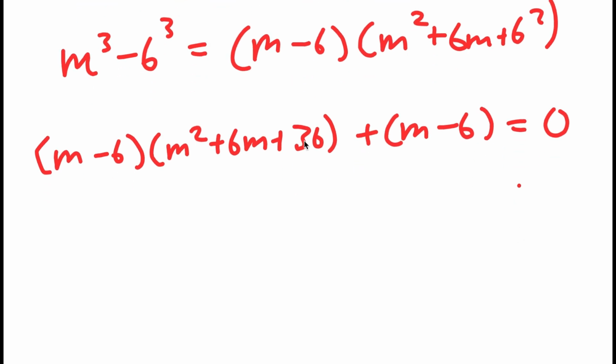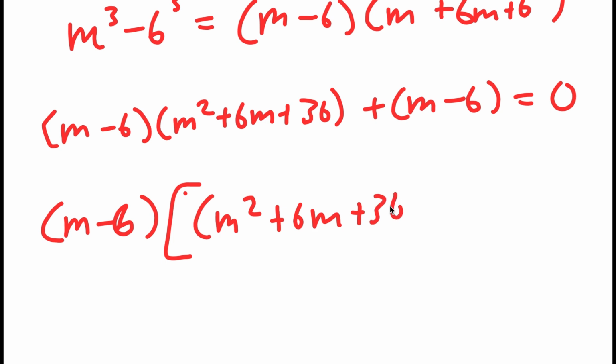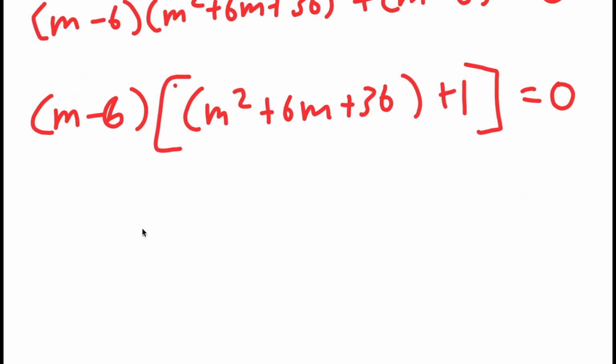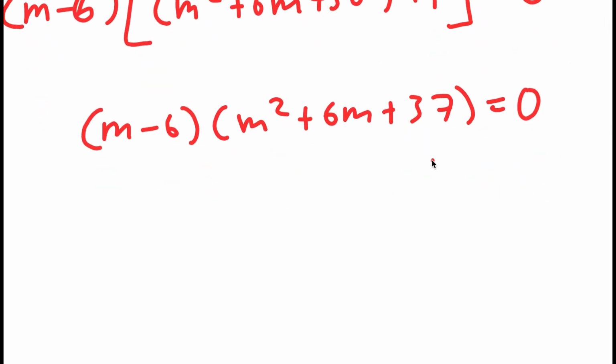And now from here, I'm going to factor out m minus 6. So I get m minus 6 times m squared plus 6m plus 36 plus 1 is equal to 0. Meaning I have m minus 6 times m squared plus 6m plus 37 is equal to 0.